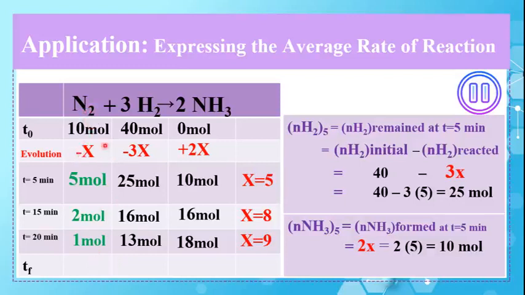So x, the number of moles reacted, is equal to 10 and the number of moles of N2 remaining is 0. That for H2 is 40 minus 3x. For x equal 10, we will get 10 mol, and the number of moles of NH3 produced at the end of the reaction, which is the maximum value reached, is equal to 2 times 10 equal to 20 mol.